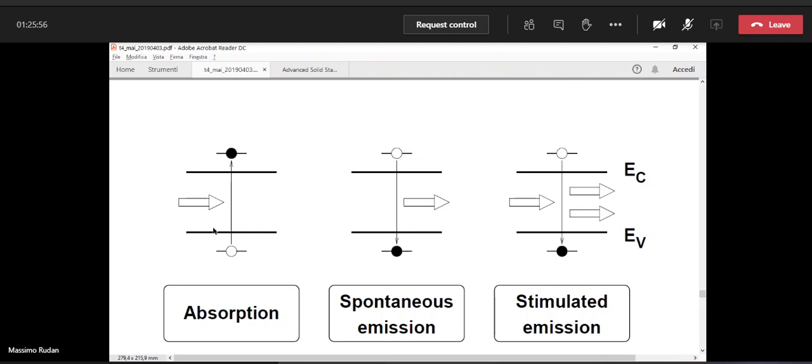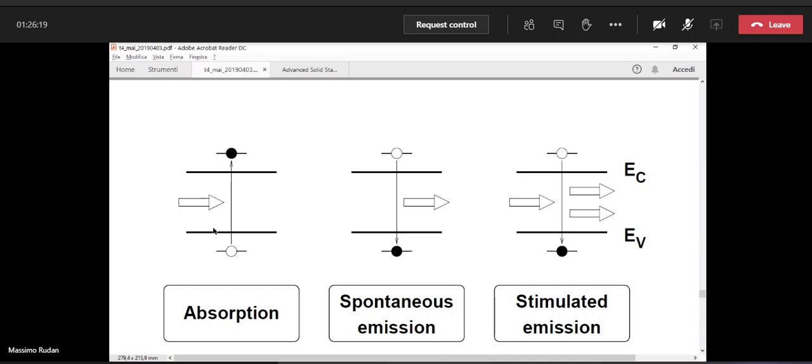So we enrich the two bands of carriers. So we expect that if we apply a voltage difference to the piece of material, the current will be larger than in the case where we have no illumination. Okay?